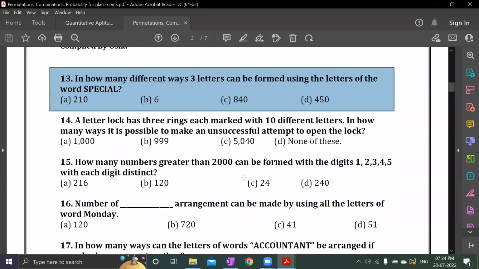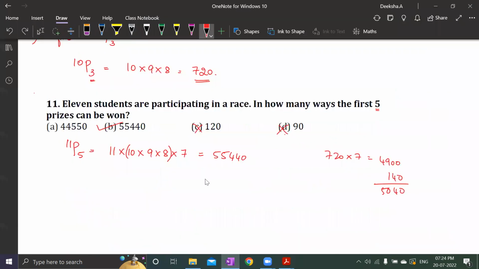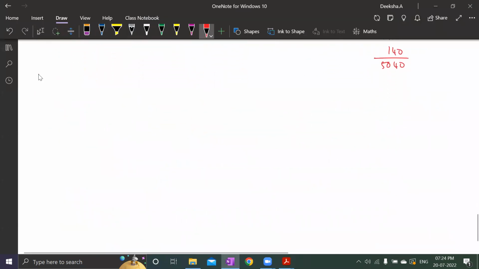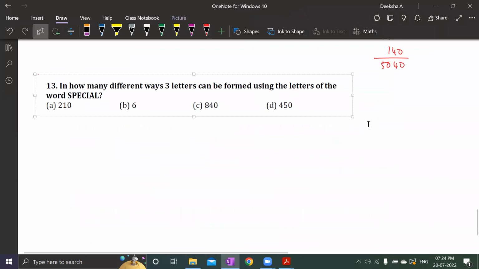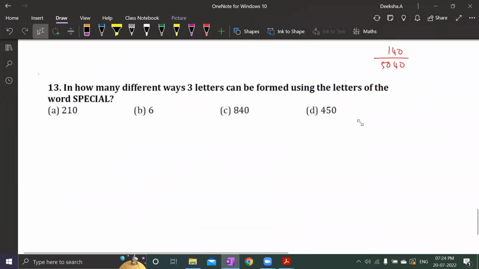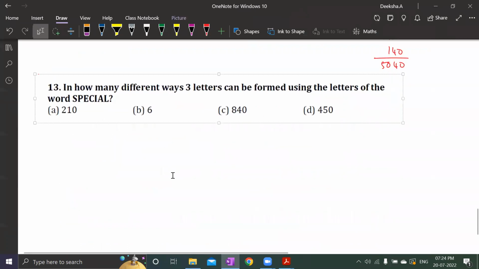Okay, what is the answer for this one? 13th question. In how many different ways can 3-letter words be formed using the letters of the word SPECIAL?